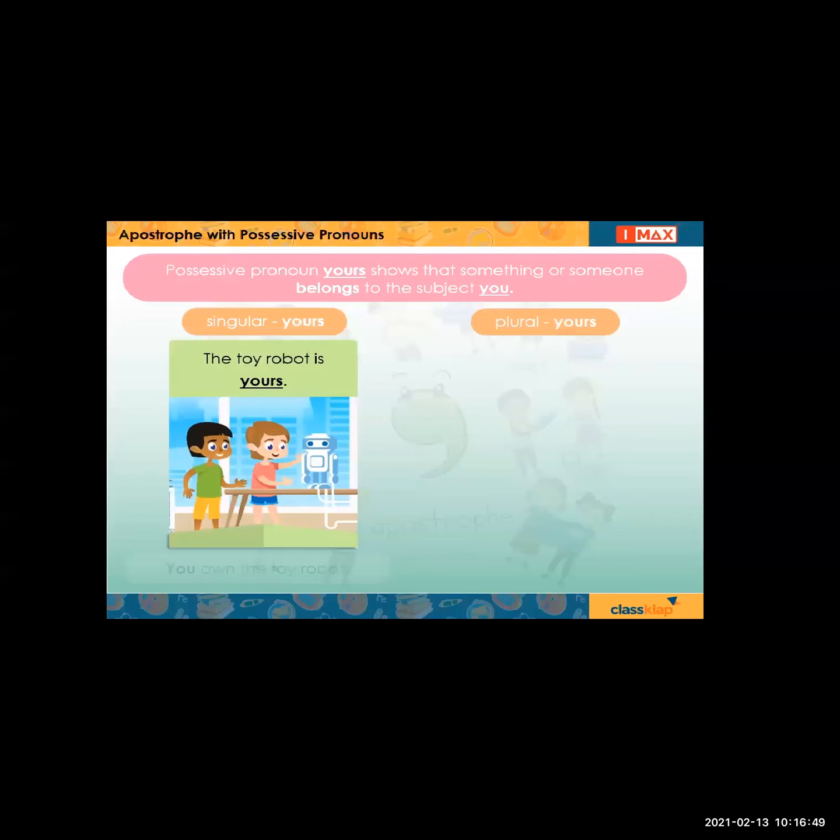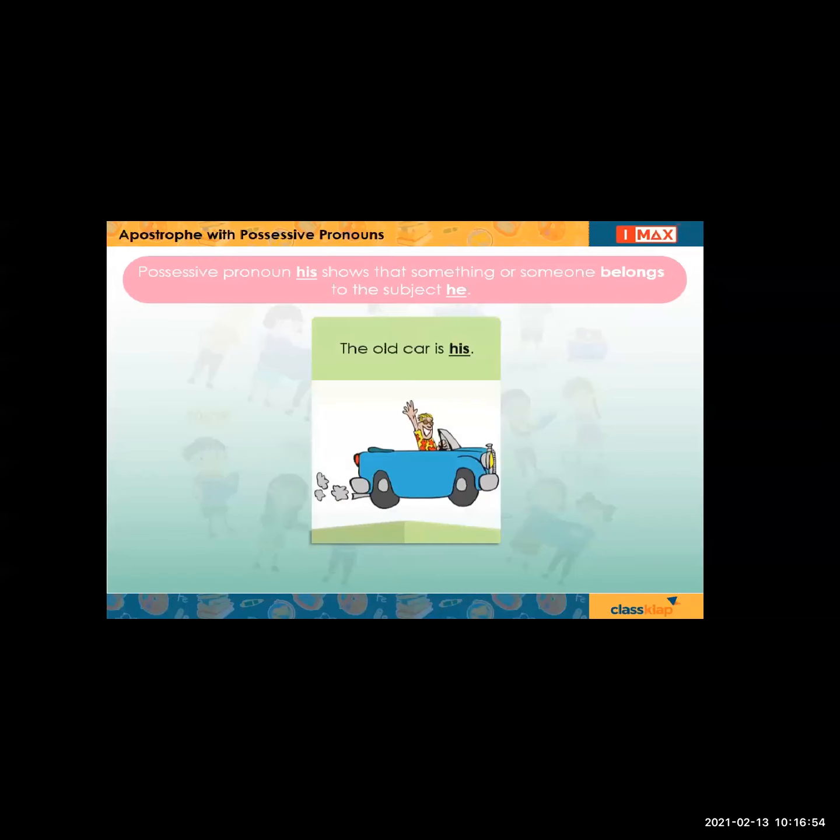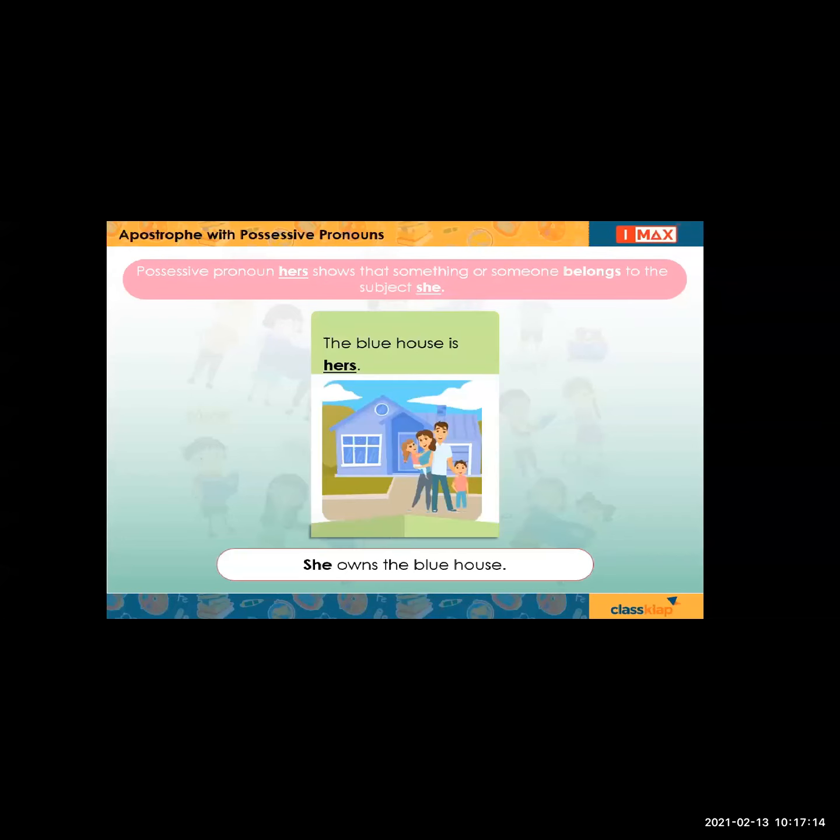The possessive pronoun hers shows that something or someone belongs to the subject she. For example, the blue house is hers, which means she owns the house. The pronoun its shows that something belongs to the subject it. For example, the bone is its, which means the bone belongs to it.